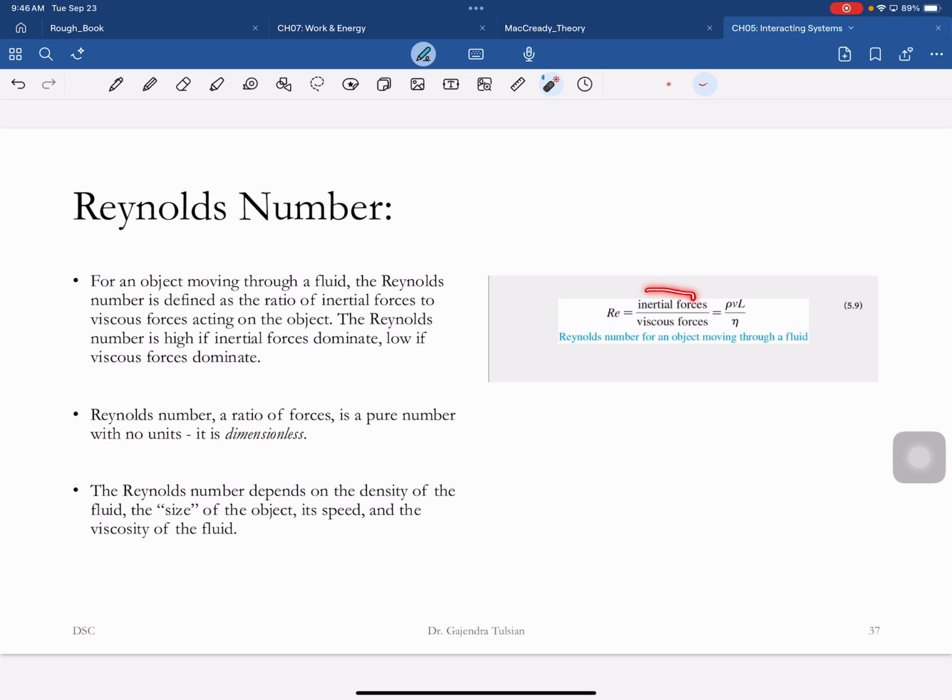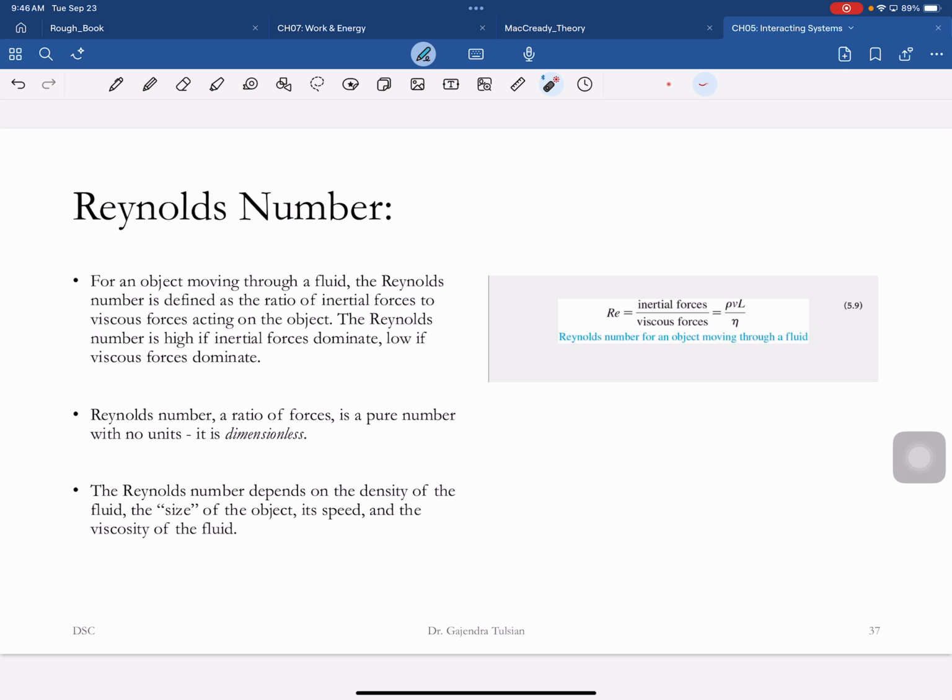If in your life inertial forces are more significant and viscous forces are small, if this is big and this is small, that means Reynolds number is big. So a bigger Reynolds number means inertial forces are significant in your life. If Reynolds number is small, then it's viscous forces that are more significant in your life.